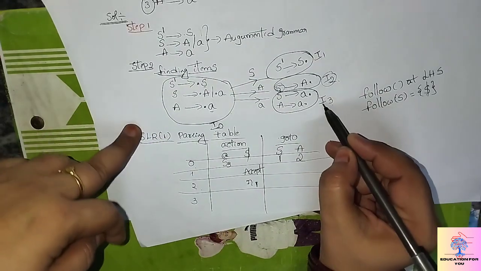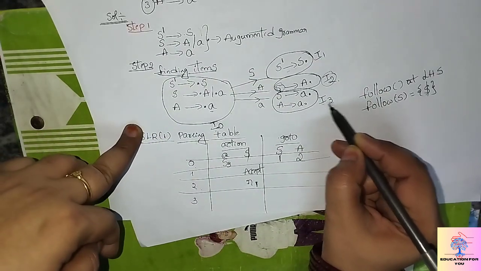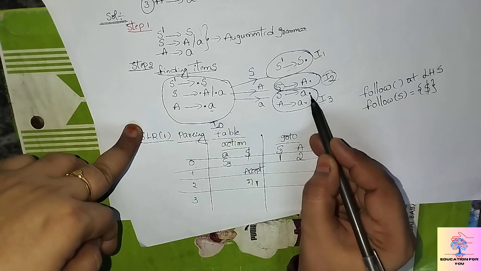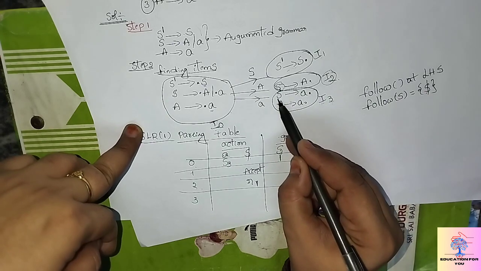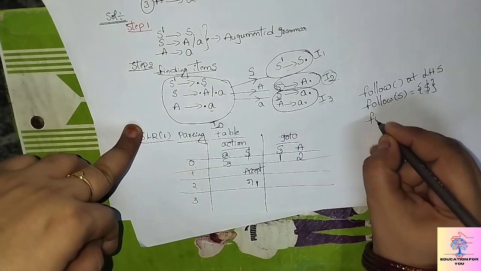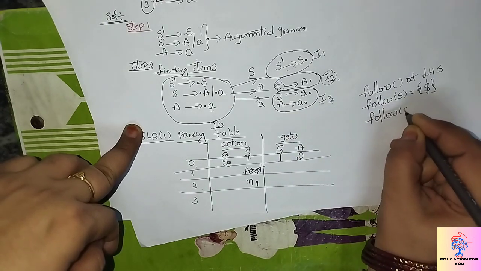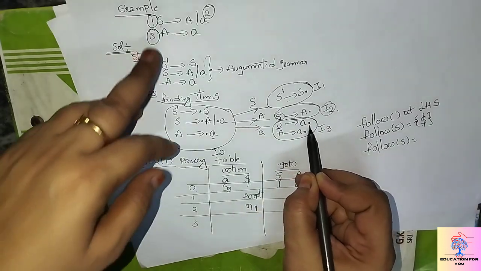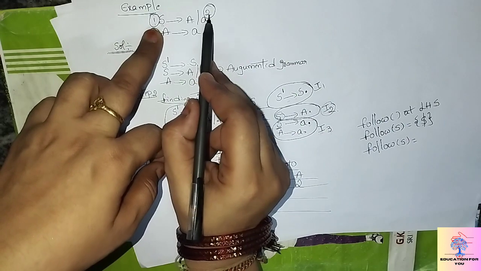Okay, coming to I3. S is going to produce A dot. First of all, you have to find out the follow of the LHS, that is follow of S here also. This production, which number is it? Second number, right?